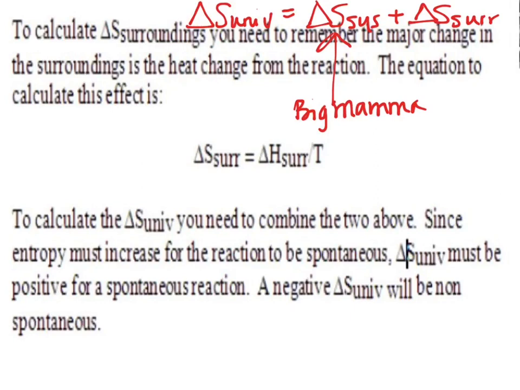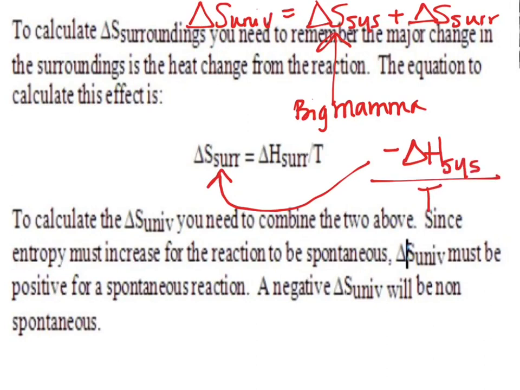For the delta S of the surroundings, we use the negative delta H of the system divided by the temperature, and that will give you your delta S for your surroundings.